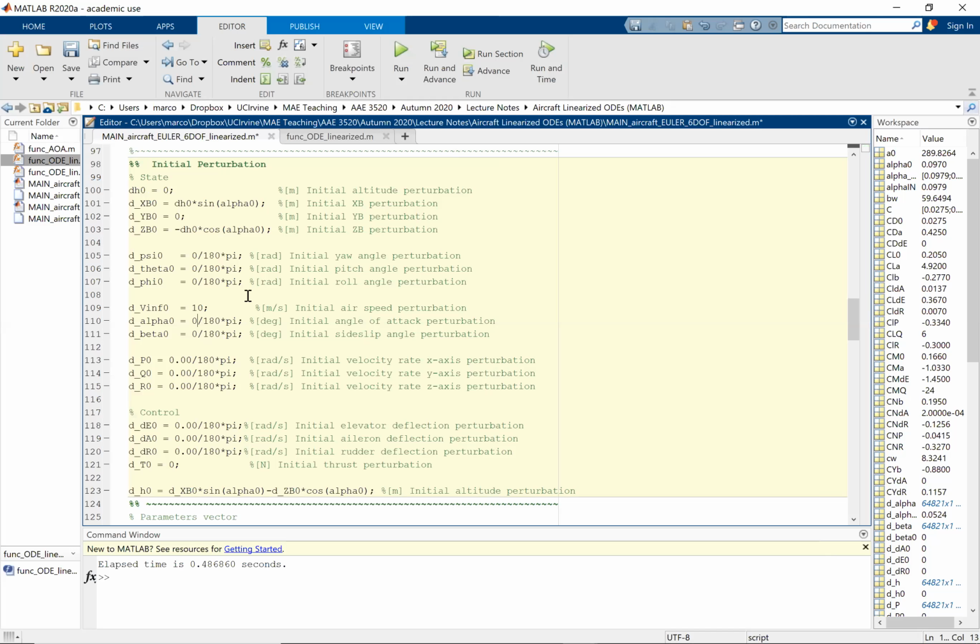So now let's zero these and let's give an initial perturbation in terms of some states that influence the lateral dynamics. So let's give it an initial angular velocity delta p of 2 degrees per second.